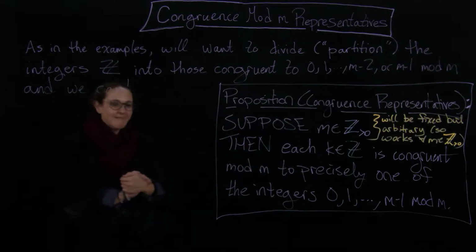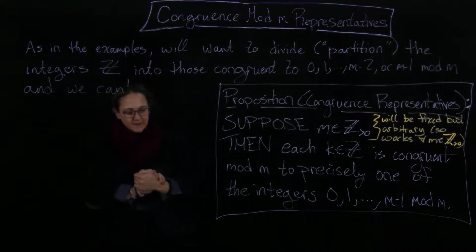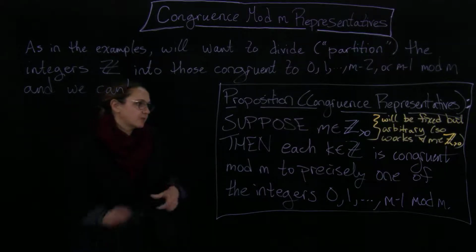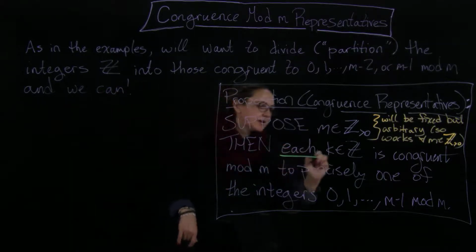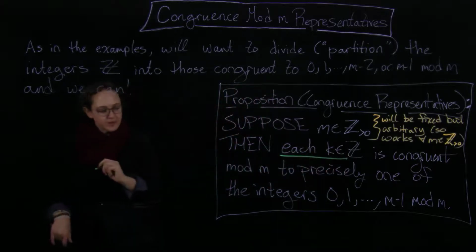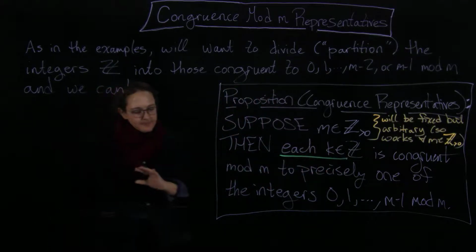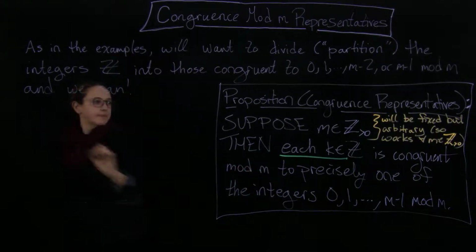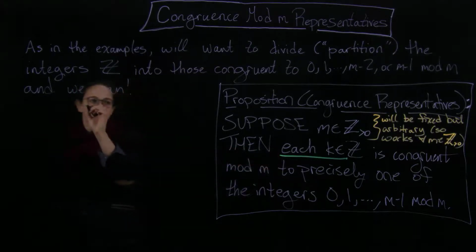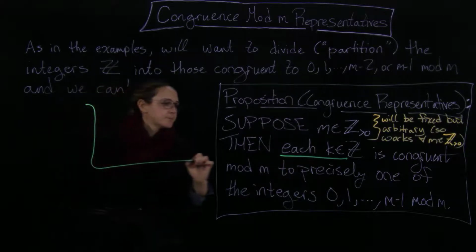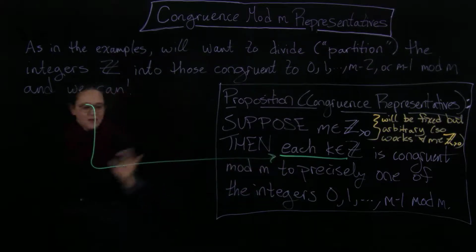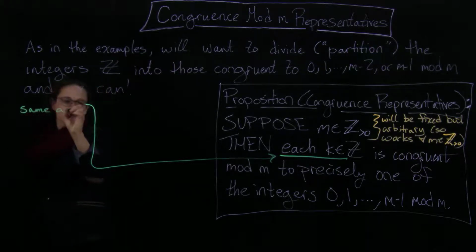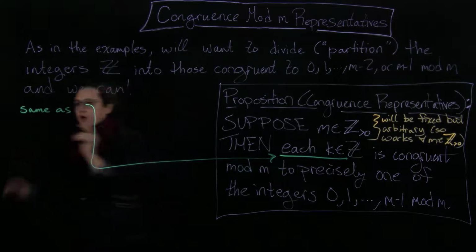It works for any m. What are some of the other pieces here? When I say each k, that is the same as saying for all k in the integers.